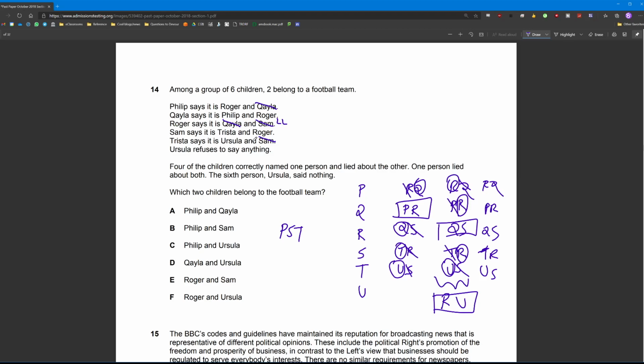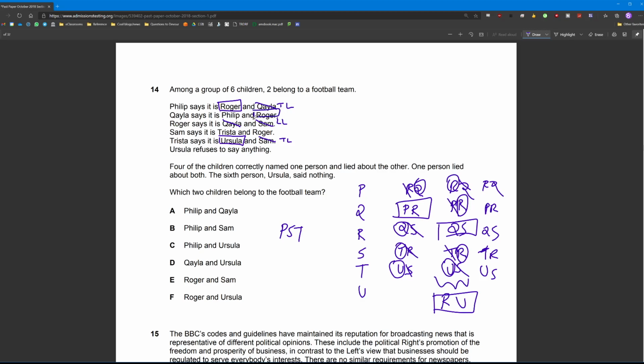And we know for sure that this means Trista says U is true and Sam is a lie. And we also know that it says R is true and Kayla is a lie, right?